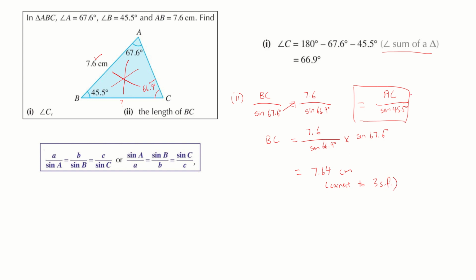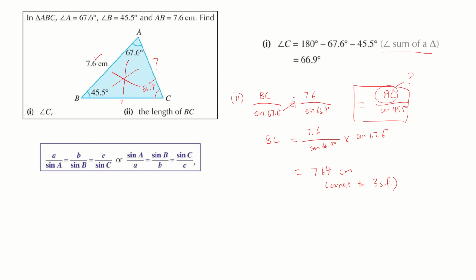Okay, so now let's go back to our boxed text over here. We have found the length of BC. But why didn't we use this ratio just now? Because the sine rule actually says that all these three ratios are the same. Why didn't we use this? It's because we actually don't have AC. We don't have this value here.